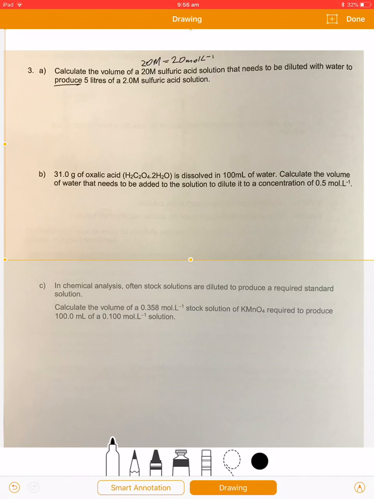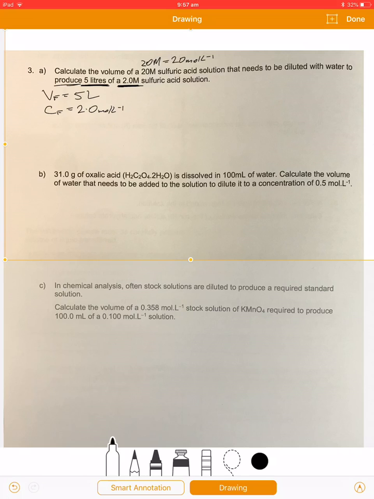So from that, if we are producing, that's obviously our final. So final volume is going to be equal to 5 litres, and final concentration is equal to 2.0 moles per litre. So that's producing 5 litres and a 2.0 molar concentration solution.